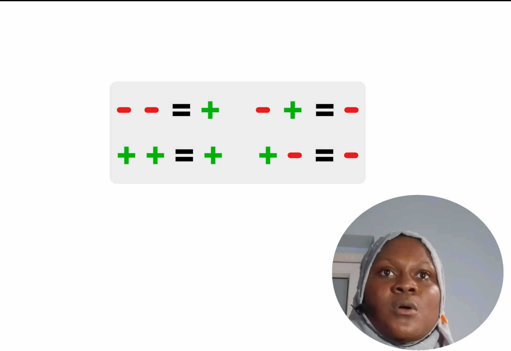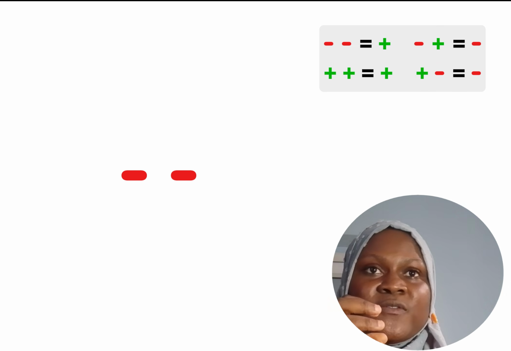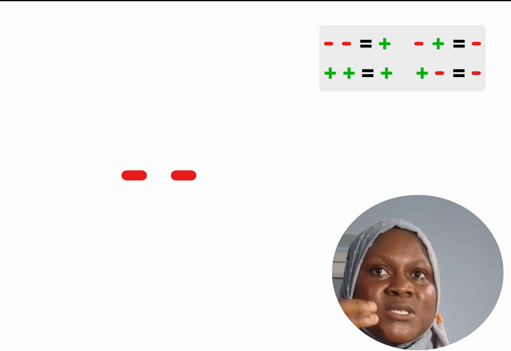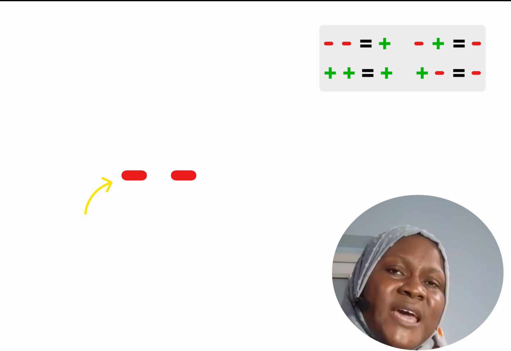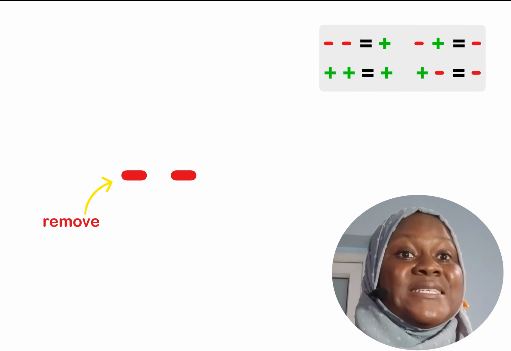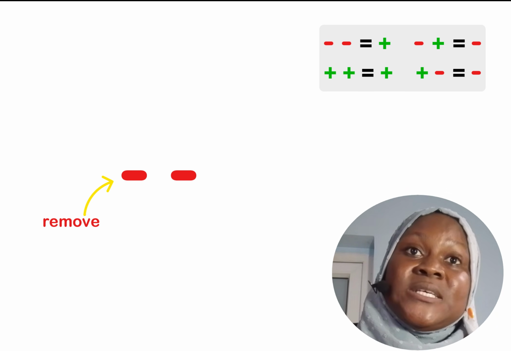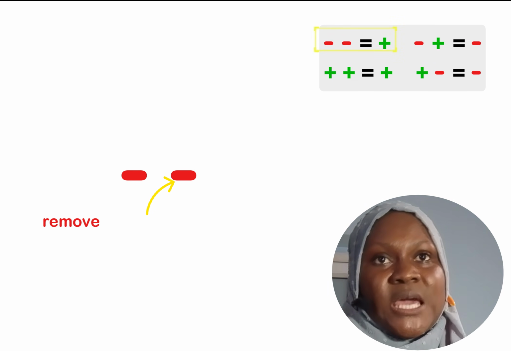So, the minus minus rule. In this, you have to know that the first minus is an action which tells you to remove. Whatever follows the action is what you want to remove, whether debt or money. You might intend to remove debt or money. So here we intend to remove debt.